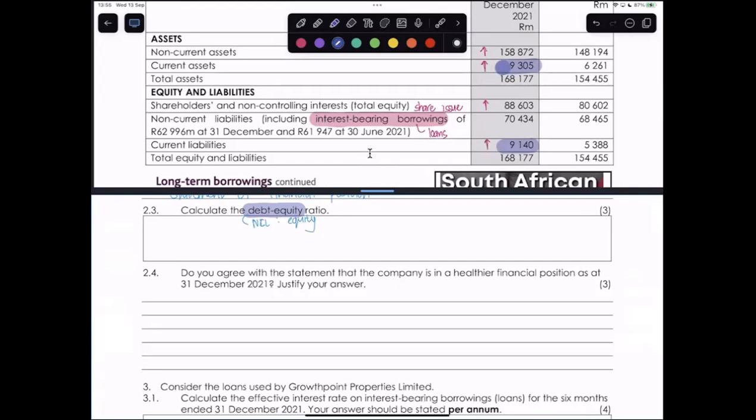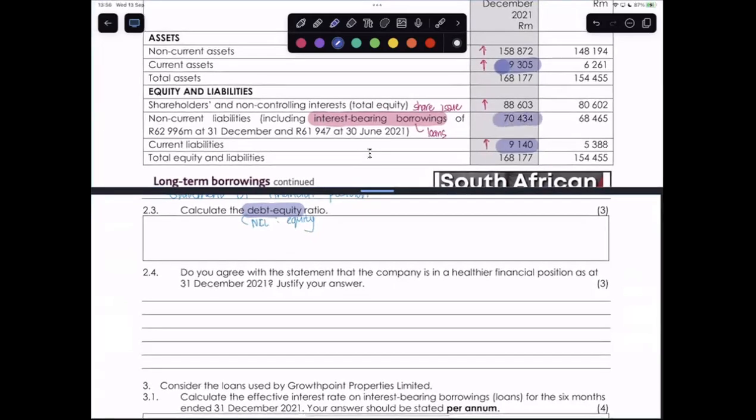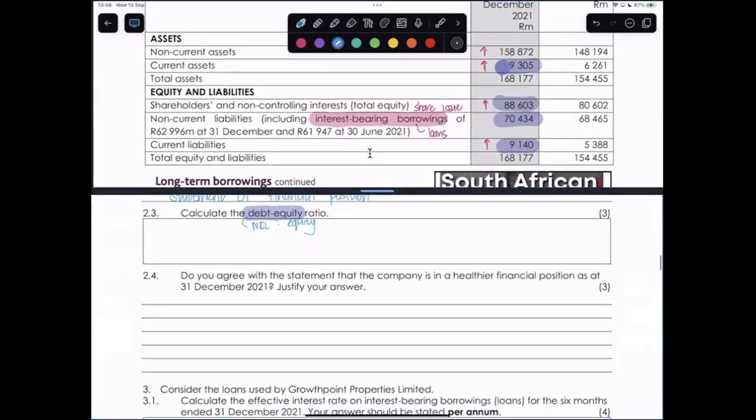The total non-current liabilities over here, we're looking at the 7434 compared to the equity of 88603. And that gives you 0.7921. And can you see that that is less than it was last year as well? So this has also improved.